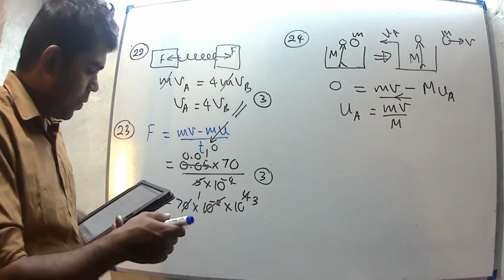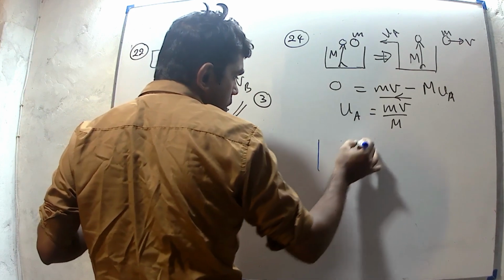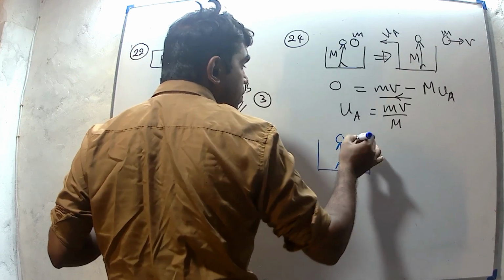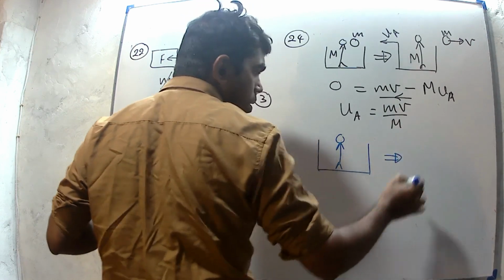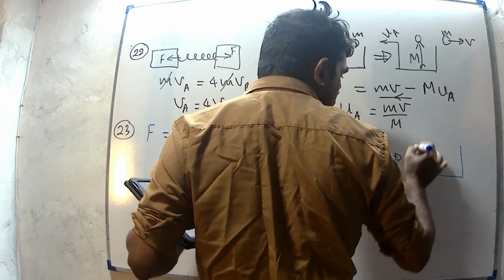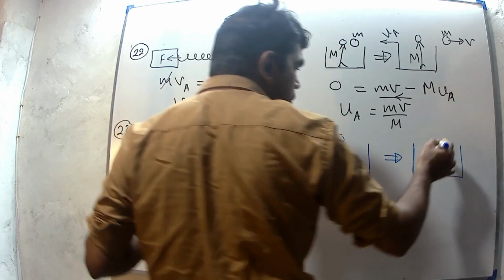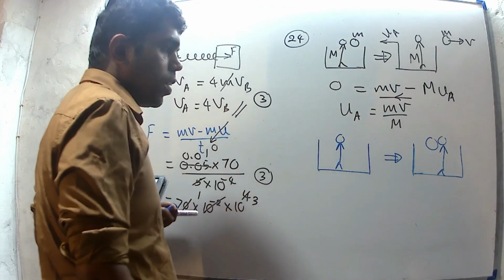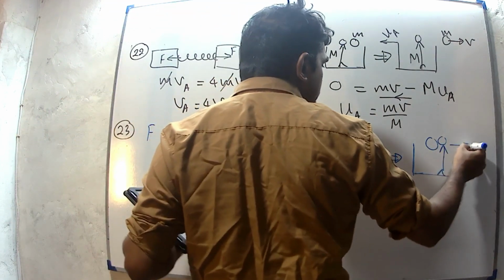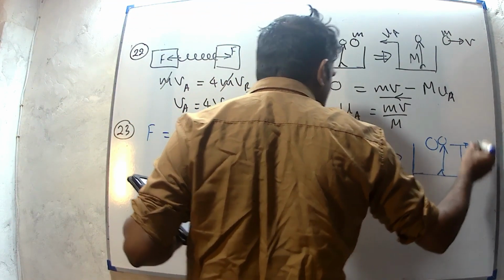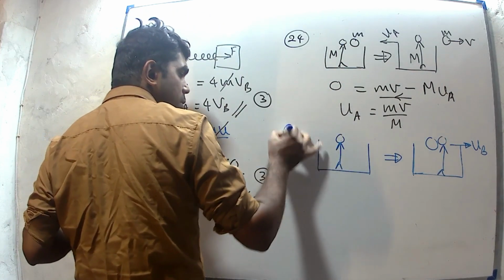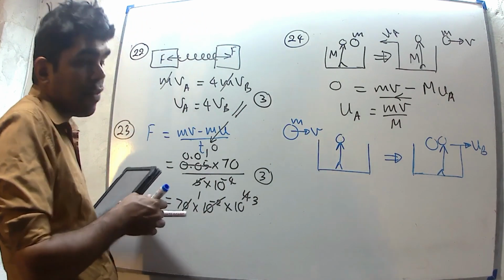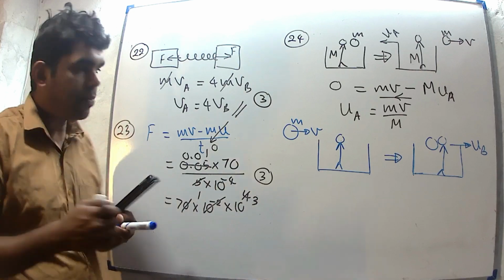Then I will consider trolley B. Before catching the ball, trolley B is at rest. After catching the ball, trolley B should move in this direction with UB velocity, because before catching, the ball has velocity V. Then again we can use conservation of linear momentum.